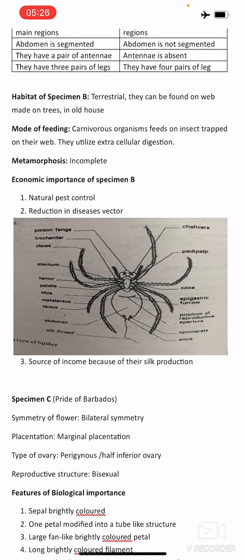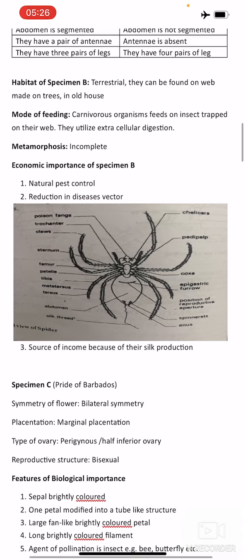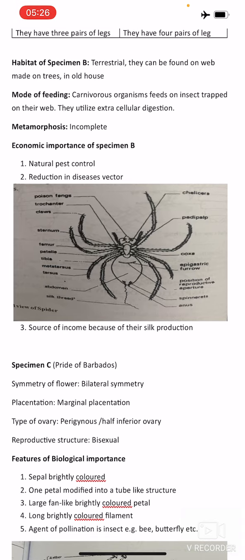Economic importance: they are natural pest control. They reduce disease vectors because they eat insects that can cause disease, and they can also serve as a source of income because of their silk production. So the diagram is on the screen.